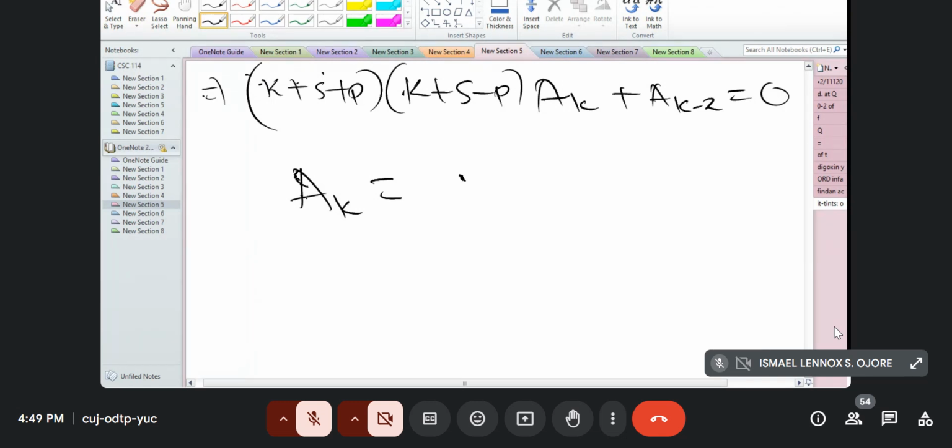You're solving for x sub k from that product you see on your screens. First things first, you'll isolate S sub k minus 2. Take it to the other side. You remain with S sub k, but it has some coefficient. So what do you do? What is the formula?